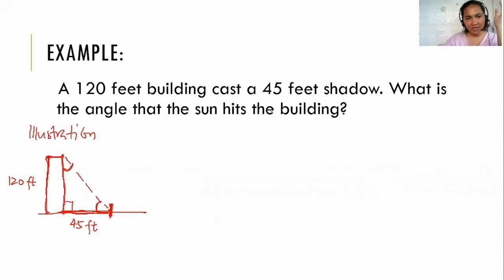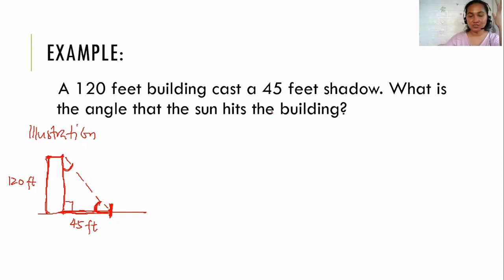Since what we have here are 120 feet, the height of the building, and the length of the shadow, 45 feet, if you imagine this in a Cartesian plane, the height of the building will serve as the y value and the shadow will be the x value. And we need to find the angle here.